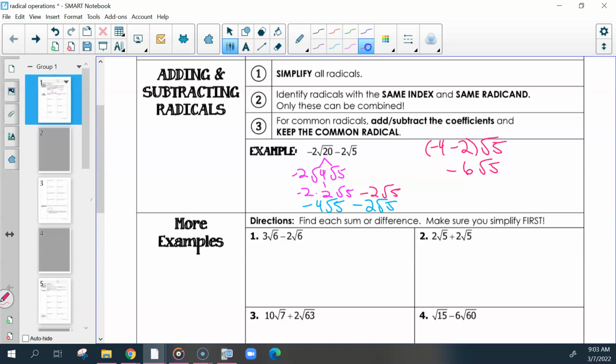Make sure you're putting negative and then minus.